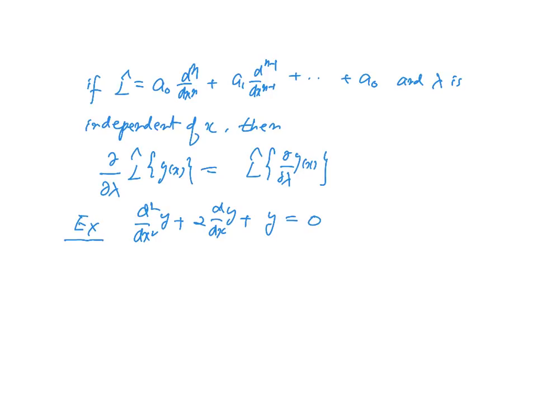Then, if you have a trial function of this form, you get lambda squared plus 2 lambda plus 1 equals 0, right? So lambda plus 1 squared equals 0. So lambda is minus 1, minus 1. So in this case, we have only one root, right? It's called a double root.